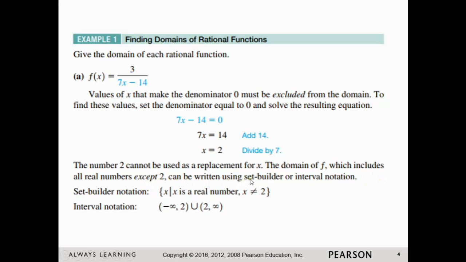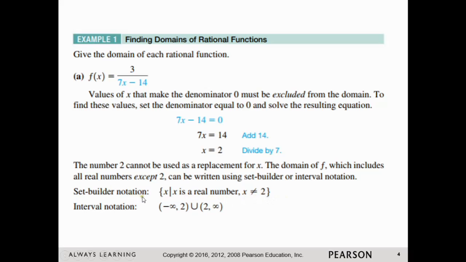Now remember, we wrote the domain in two types of notation, one being set builder, the other being interval notation. So in set builder, remember, we use the set brackets, and it's written as the set of all x's, where x is a real number, comma, and then we identify the excluded value, here x not equal to 2.